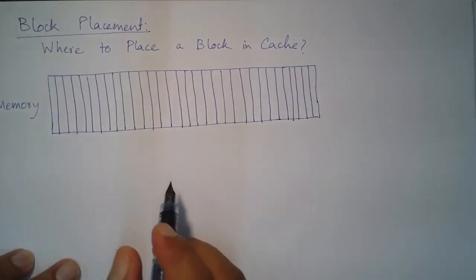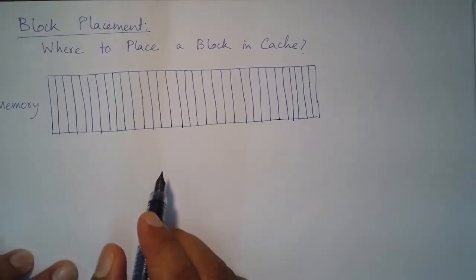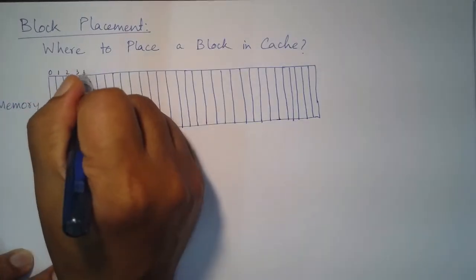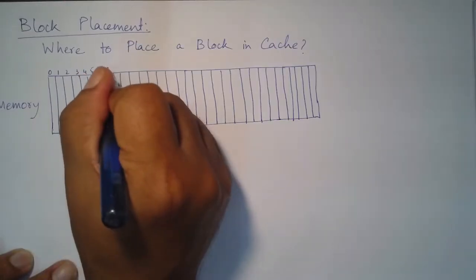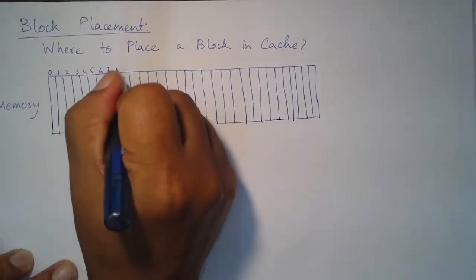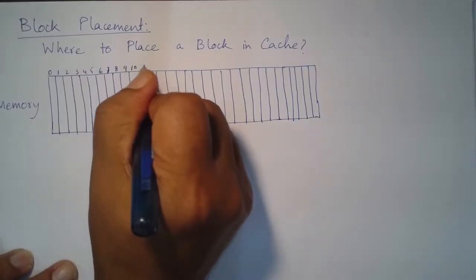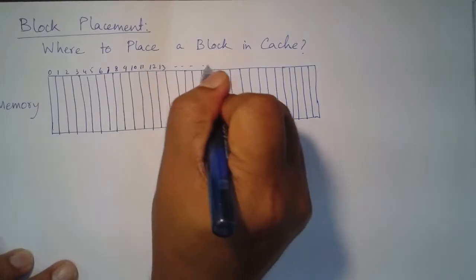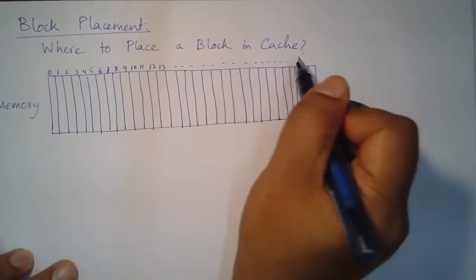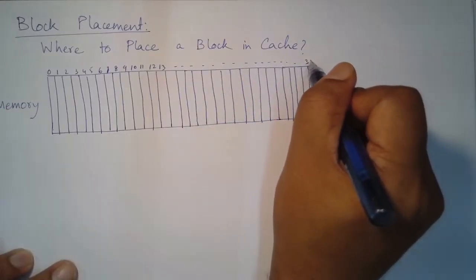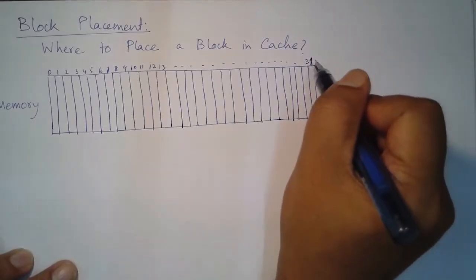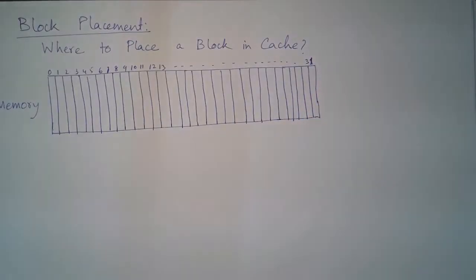All right. So we can number those 32 blocks. So basically this is the 0th block, 1 2 3 4 5 6 7 8 9 10 11 12 13, and so on till 31, because we started from 0. Okay, so we have these different blocks.